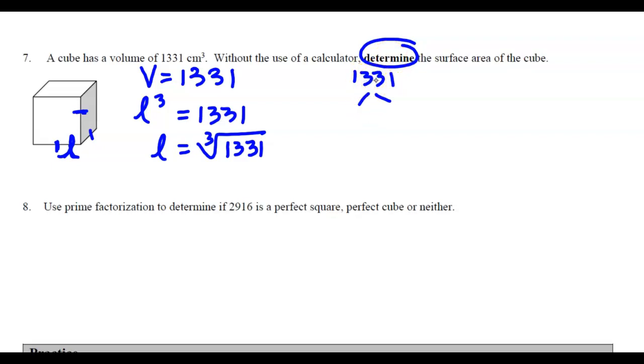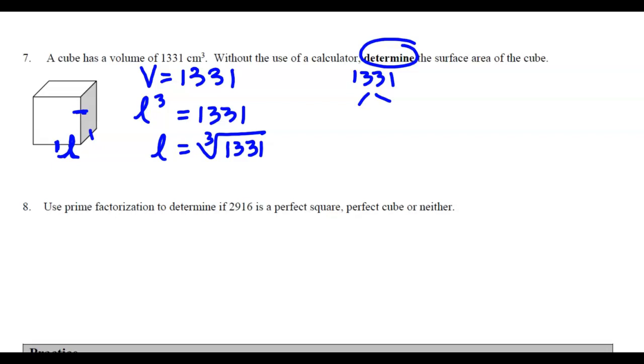Now, 1,331. So 4 and 4 is 8. So it's not even. 3 doesn't go into it. 5 doesn't go into it. So I'm going to try 7. And that goes in once with 6. No, 7 doesn't work, does it? So what about 11?